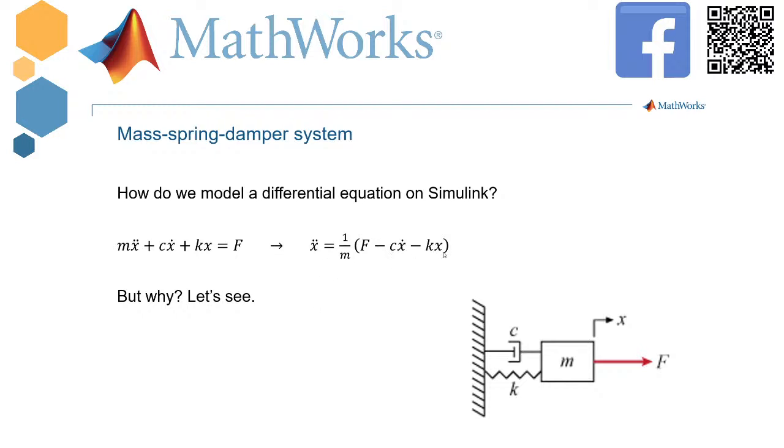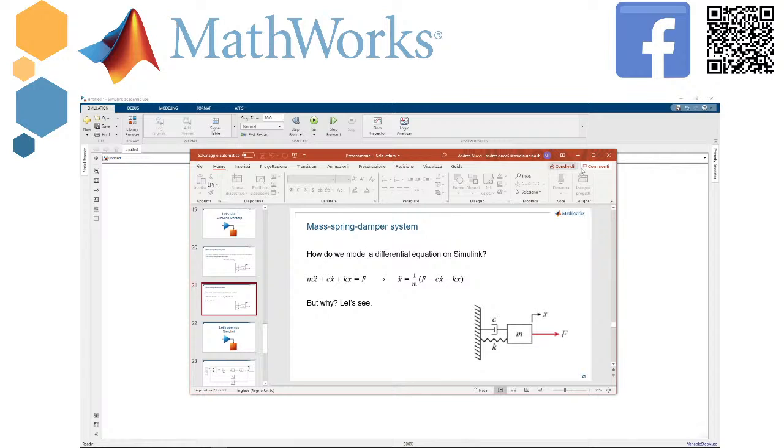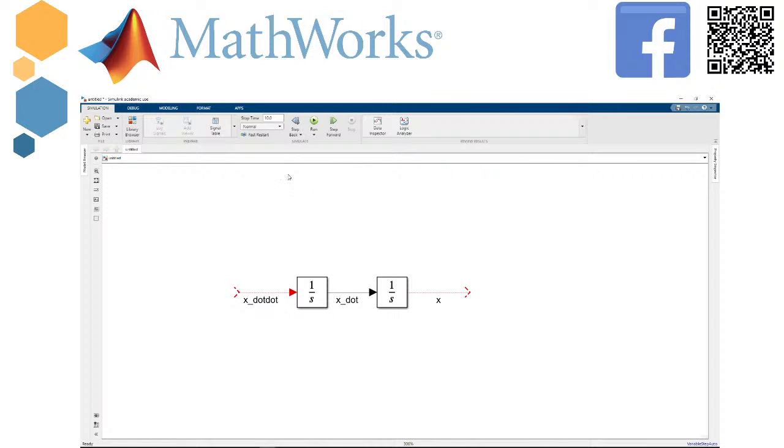I need to multiply x with k and x dot with c, and subtract them from f. After that, I have 1 over m. So let's do it again. Here we have the Simulink workspace.